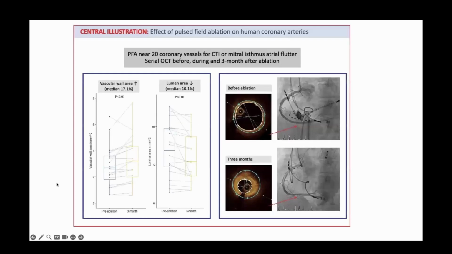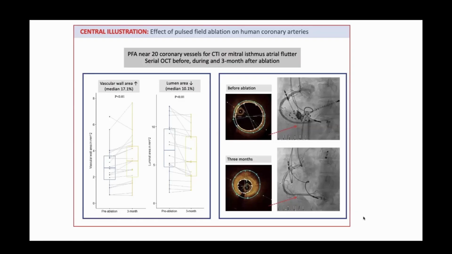Perfect, perfect. And then this is your central illustration. So maybe can you take us through what you found in your study? Yeah. So in the left panel, you can see two plots. On the left-hand side, you can see the vascular wall area before ablation and at 3 months.